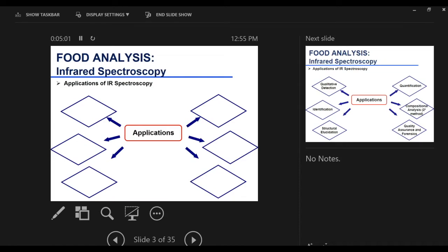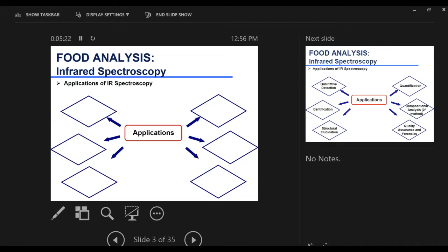Tammy? Identifying different compounds, looking at the molecular structure of the different compounds. So structure elucidation, identifying the presence of certain compounds. Quantifying. So quantification, compositional analysis. This is very powerful.